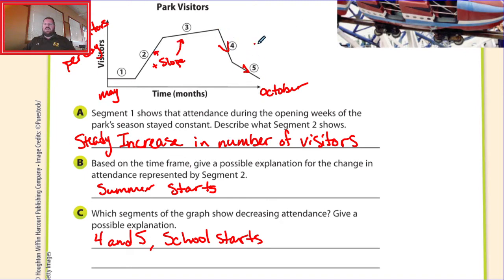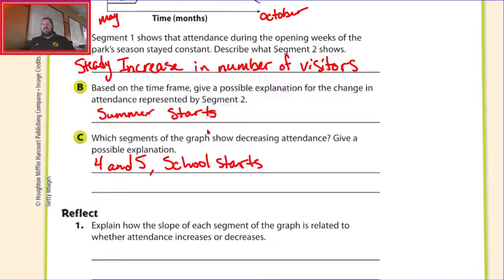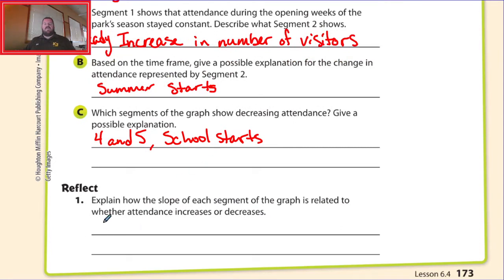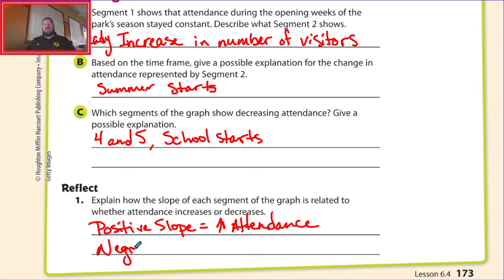On these two, they're decreasing, or they have a negative slope. So it turns out that when you have a positive slope, in this case it means that attendance increases. And when you have a negative slope, we have a decrease in attendance.